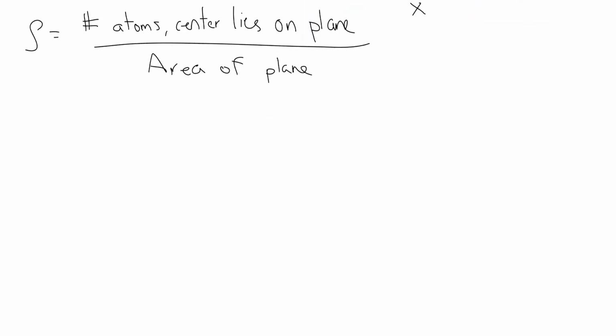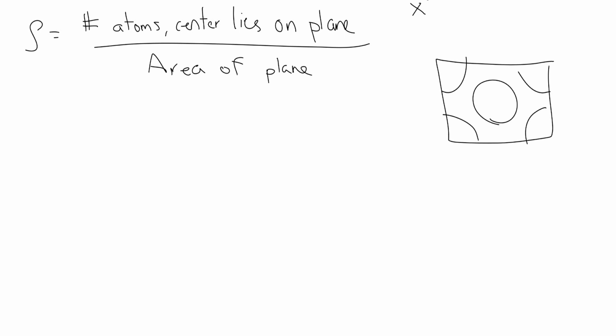All right. In order to help us determine the number of atoms whose centers lie on the plane, let's draw a 2D representation of the plane that was found. So we have four 1/4 atoms which lie on the corners of the plane, and we have the body-centered atom which lies in the center.